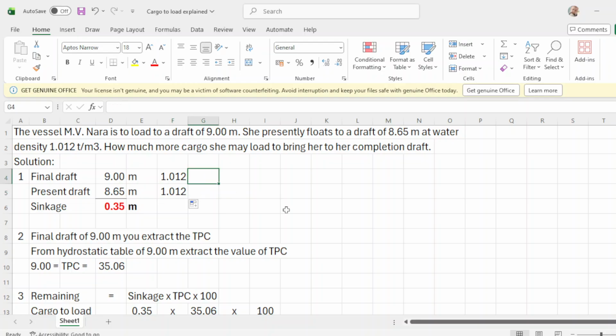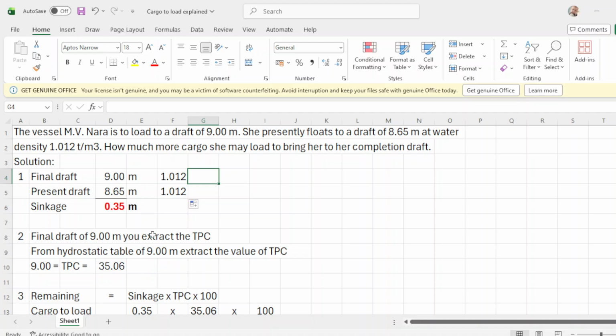I think you would agree to that. So it is understandable that the density at this draft is also 1.012. So this TPC is in compliance with the density of 1.012.